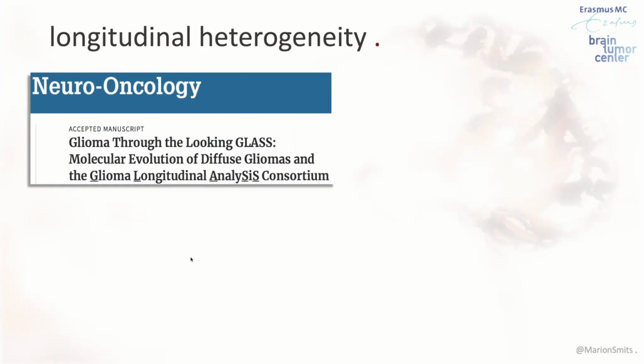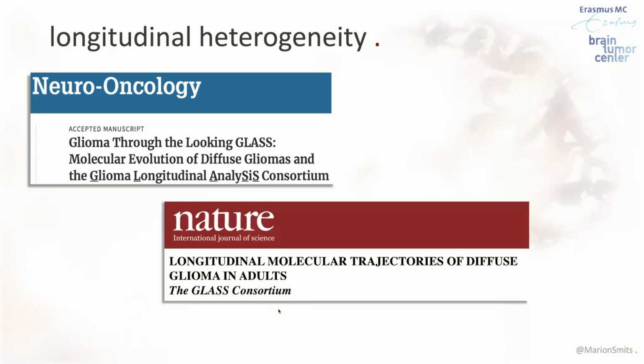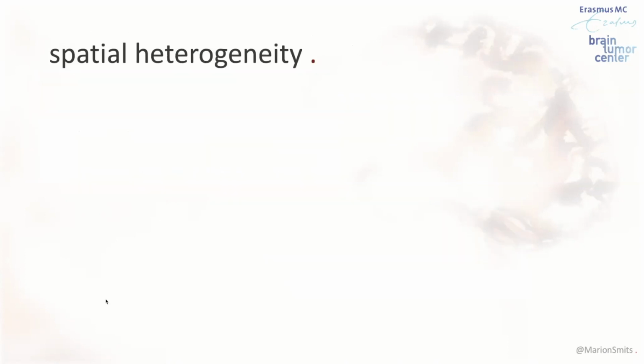This longitudinal heterogeneity, or longitudinal changes, is work that the GLASS consortium looks at, the Glioma Longitudinal Analysis Consortium, driven by the more basic scientists, so the people who look at the molecular biology and the pathology. But of course, imaging is hugely important here as well. This is one of the first results from this study. And we now have iGLASS, the imaging GLASS, where we are linking the imaging with these changes that we see in histopathology or in tissue as well. That's to come. I don't have results on this yet.